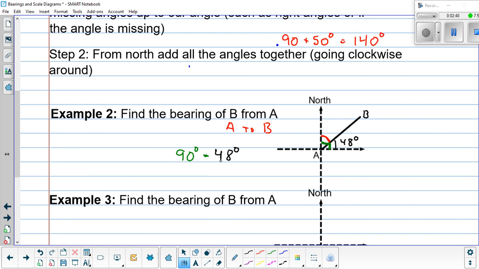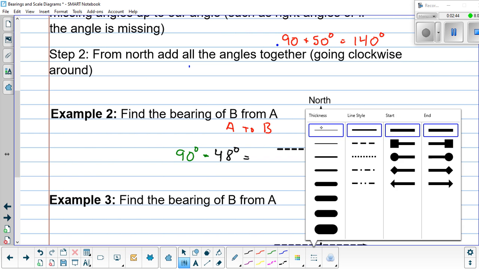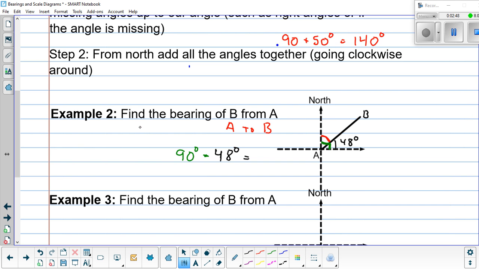That'll give us our missing chunk. So our missing chunk in red, the angle for our bearing, is going to be 90 minus 48, which is 42 degrees, because 50 and 40 is 90.